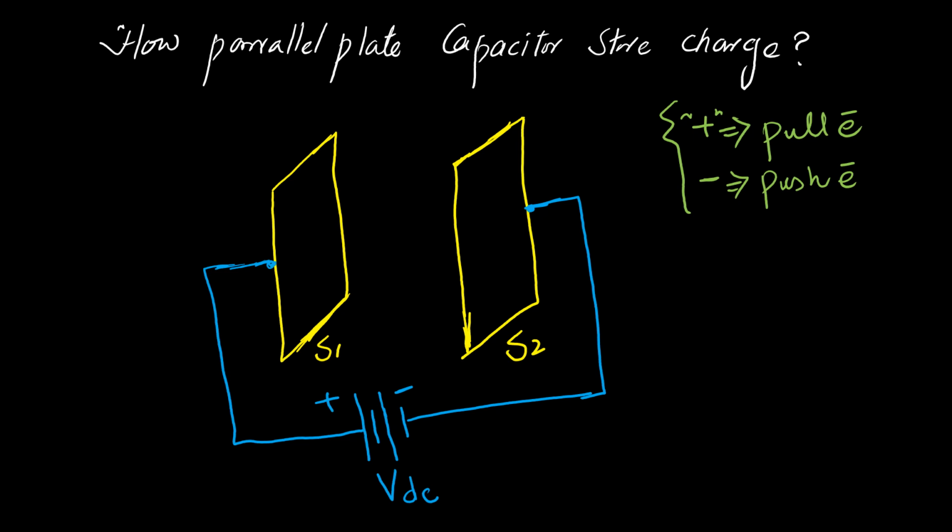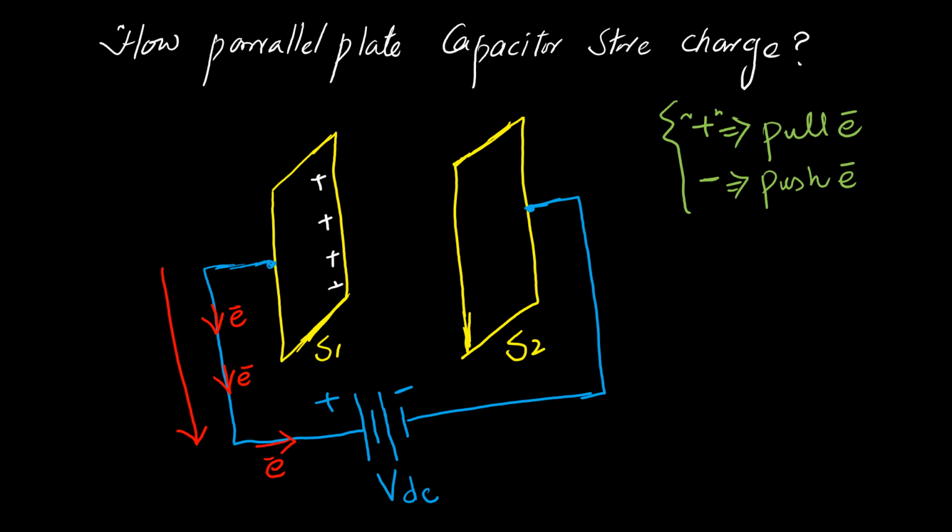So the electrons will move from parallel plate S1 toward the positive terminal like this. Whenever electrons move from plate S1 toward the positive terminal, they will leave positive charge behind on the surface of the plate S1 like this.